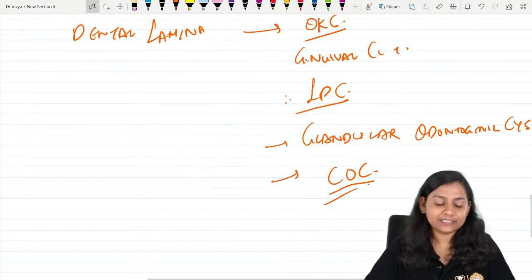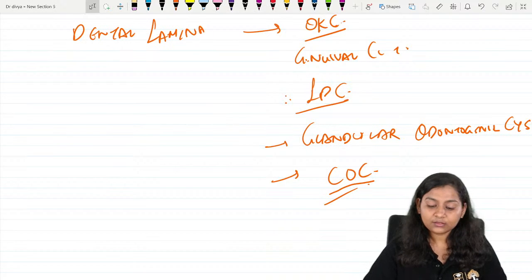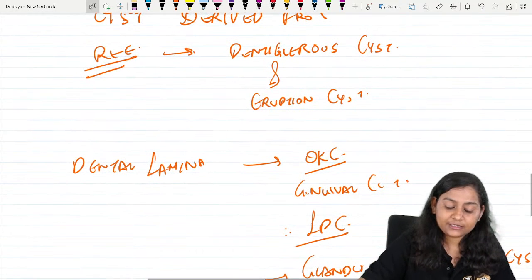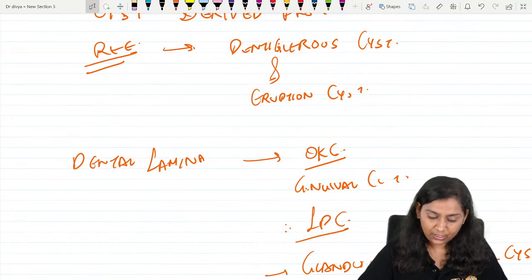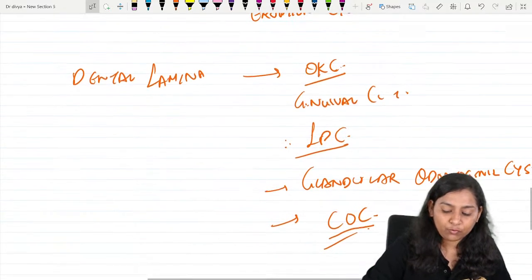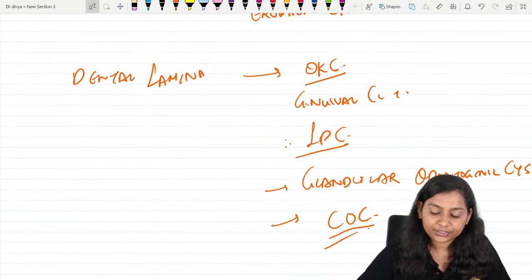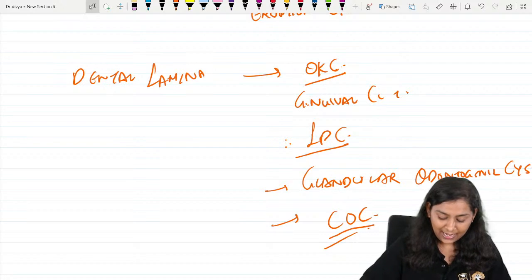So is this clear? So cysts arising from reduced enamel epithelium are dentigerous cyst and eruption cyst. Dental lamina, we have OKC, gingival cyst, lateral periodontal cyst, glandular odontogenic cyst and COC.